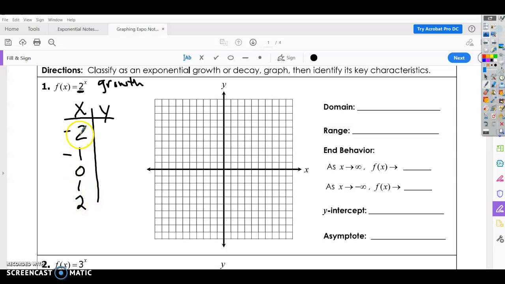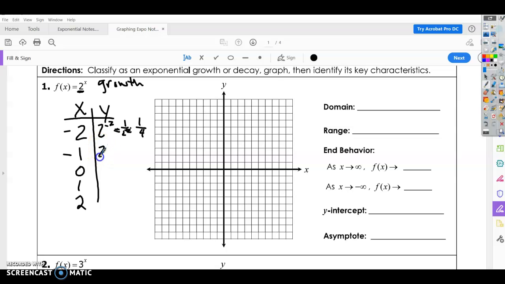So if I take negative 2 and plug it in for my x, that means I'm going to have 2 to the negative 2 power. And if you remember your properties of exponents, a negative exponent means it moves to the bottom. So 1 over 2 squared is 1/4, because 2 squared is 4. All right, take negative 1.